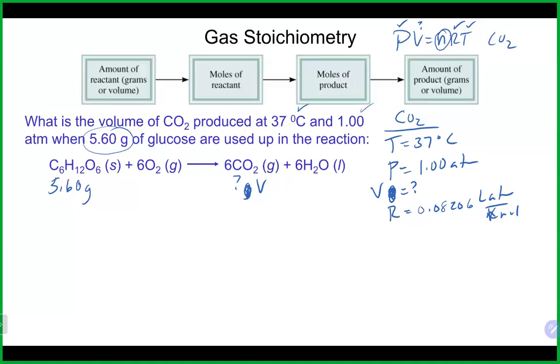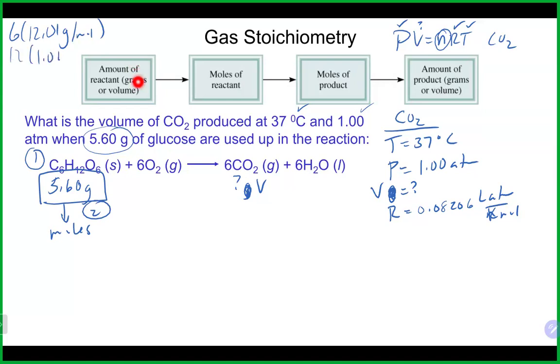So we're going to start with our balanced equation, which we have. We're going to take what they gave us, which was this number here, and convert it to moles. So that's like your second step. To do that, we will need the molar mass of glucose. So that is 6 times 12.01 for our carbons, plus 12 times 1.008 for our hydrogens, plus 6 times 16 for our oxygens in this case.